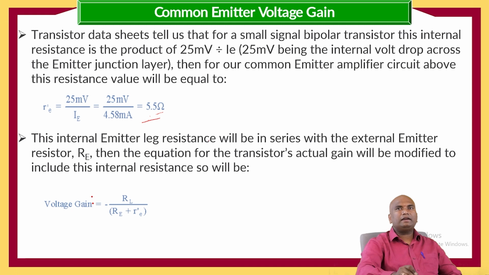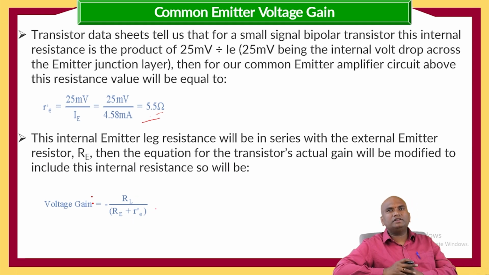And this internal emitter leg resistance will be in series with the external emitter resistance. Then the equation for the transistor's actual gain will be modified to include this internal resistance. So the voltage gain is equal to minus RL by RE plus RE dash.